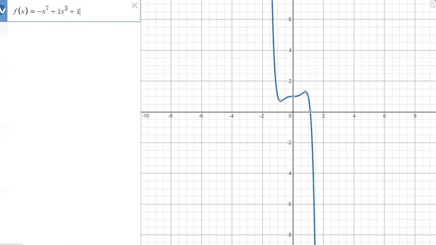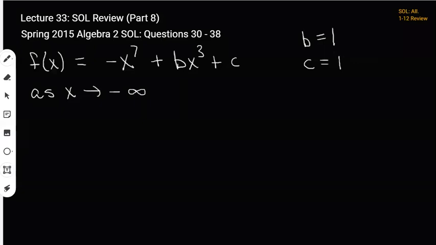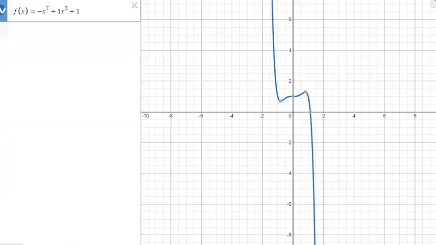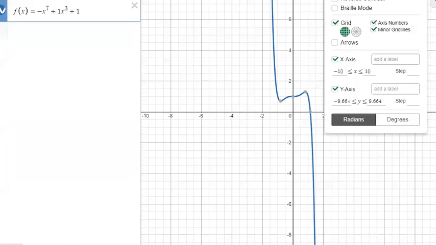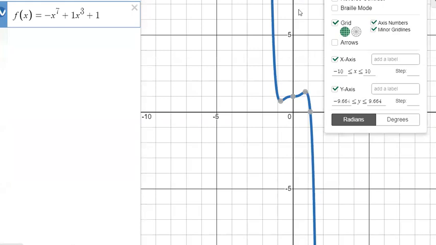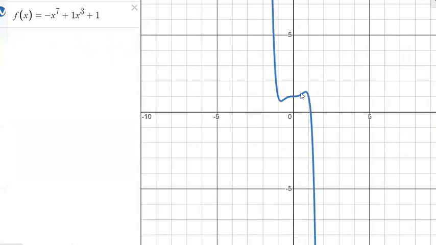And that's my function. Okay, so looking at this graph, what happens as x approaches negative infinity? As x approaches negative infinity, which direction am I going? Am I going to the right or am I going to the left?